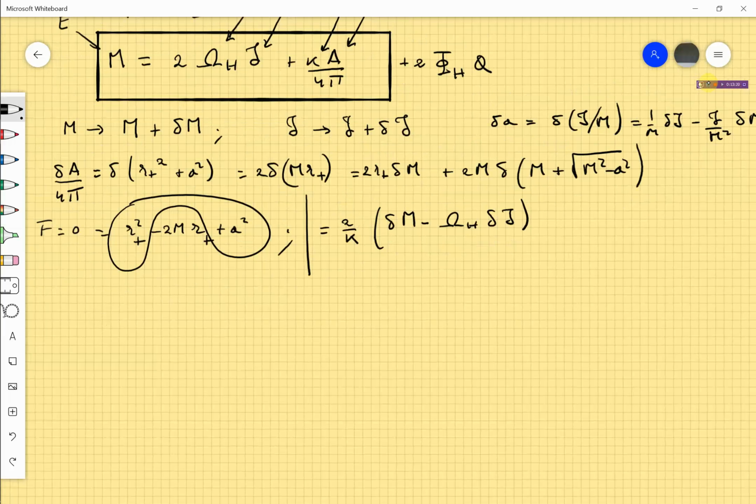Another way is to multiply everything by kappa, and then this is just delta M minus omega H delta J.